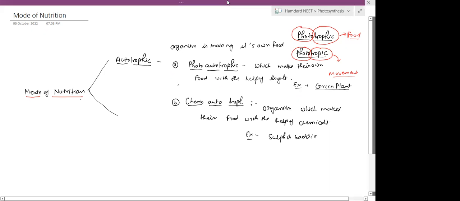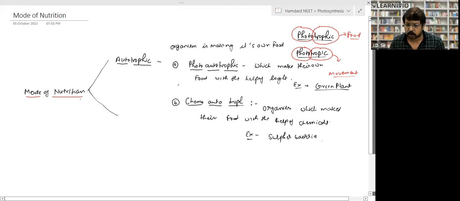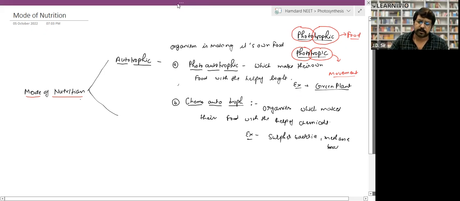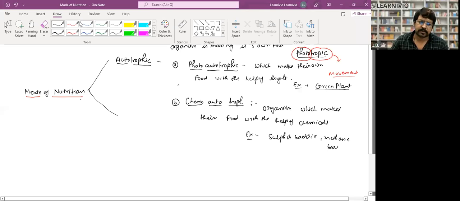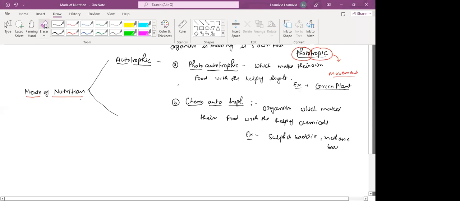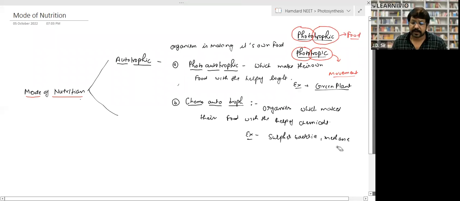Actually, the marsh gas or the methane gas comes out from these bacteria. Let me tell you one example. If I'm not wrong, you must have heard of methane gas. Yes. Okay, so methane gas is very poisonous and very combustible.